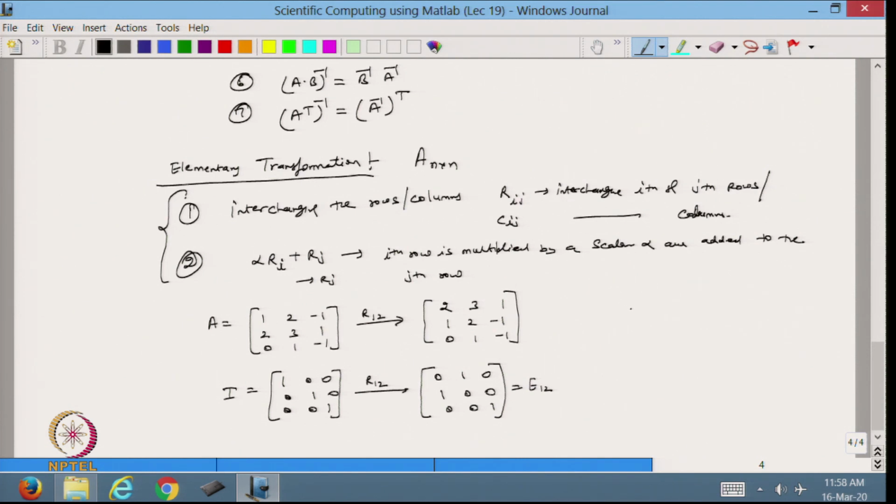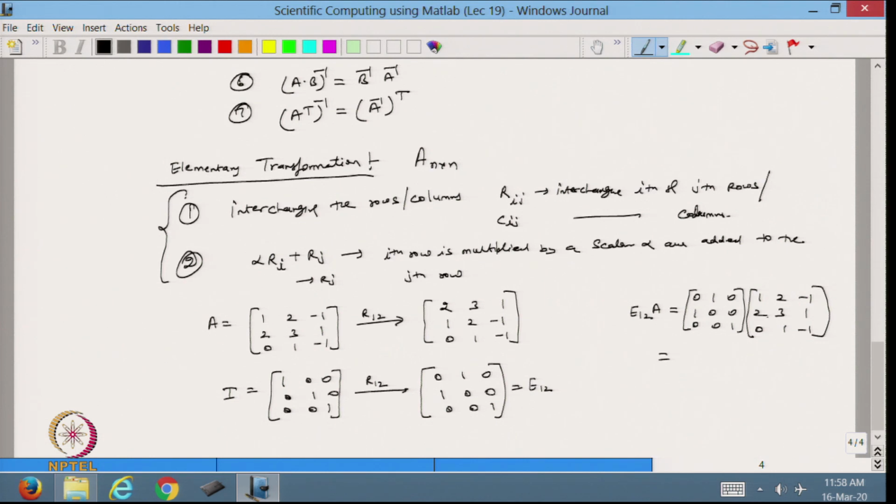Now I will apply this E12 to A. I will pre-multiply the matrix A with E12. Let us see what will happen. This is my 0 1 0, 1 0 0, 0 0 1, multiplied with the matrix 1 2 minus 1, 2 3 1, and 0 1 minus 1.